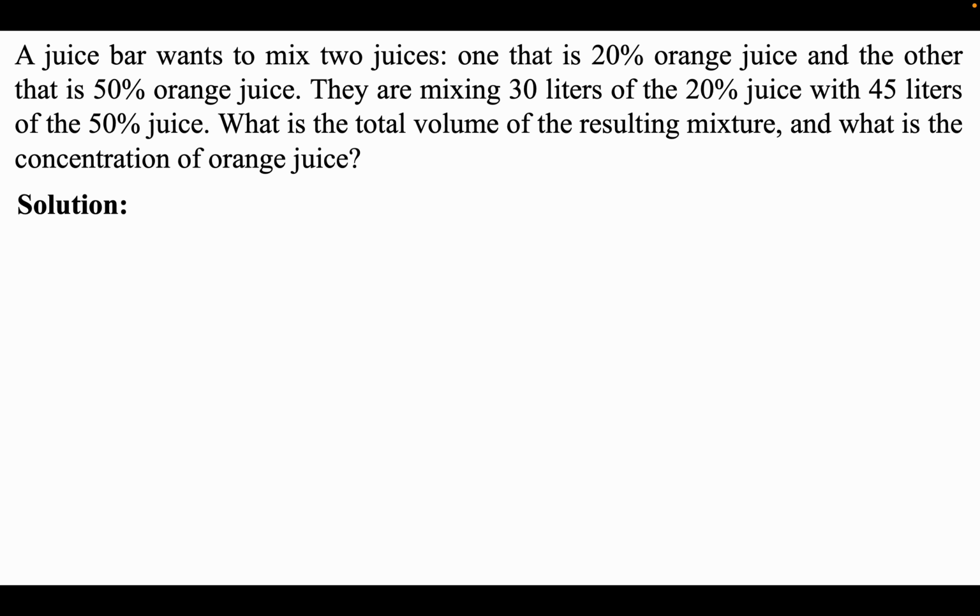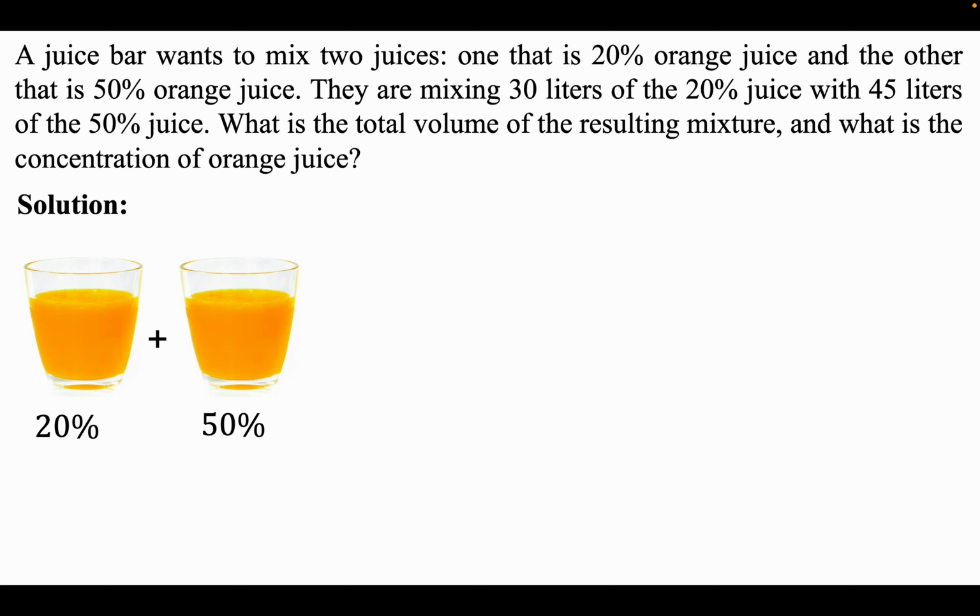Okay, so here's what we know. We have 20% orange juice being mixed with 50% orange juice to create a final concentration. In this case, we don't know what the final concentration is. So let x be equal to the concentration of the final orange juice.